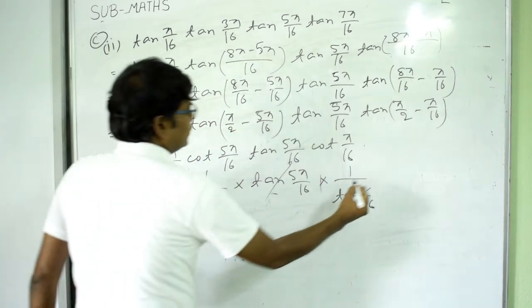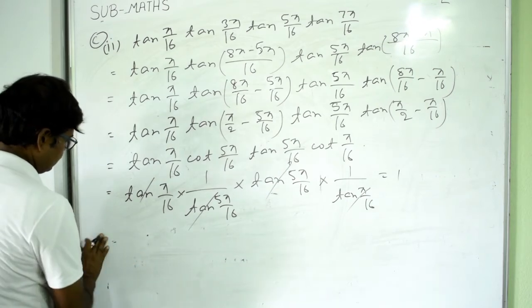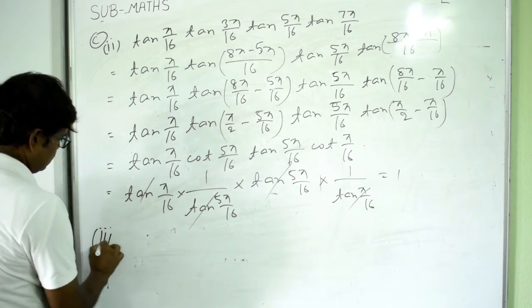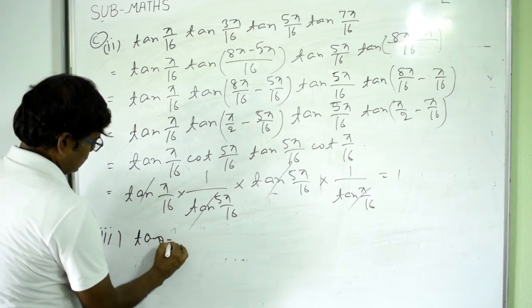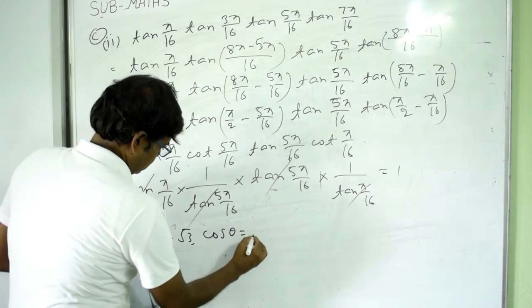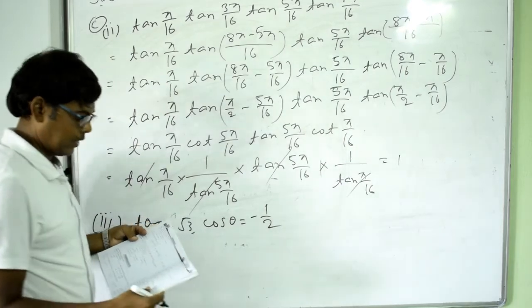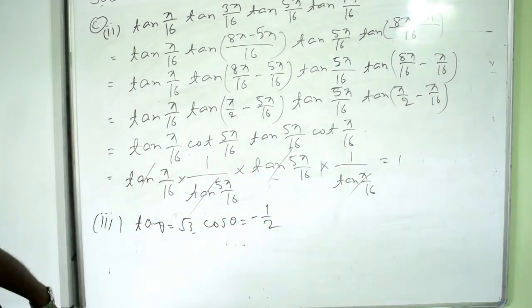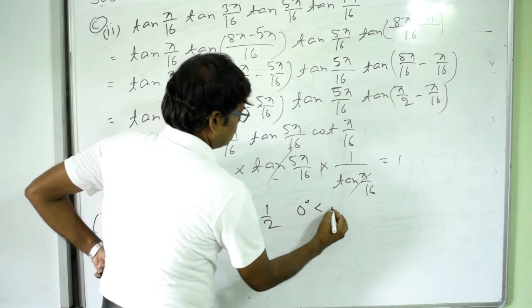So write the answer here 1, and then here the question number 3. The question is tan theta equal to root 3 and cos theta equal to minus 1 by 2. Then find the value of theta, and here we are given the condition that 0 degree less than theta less than 360 degree.